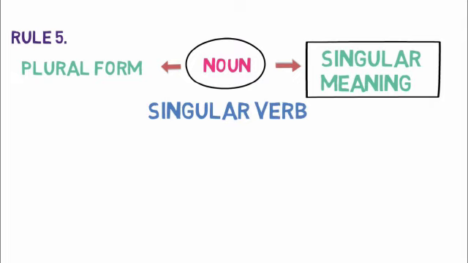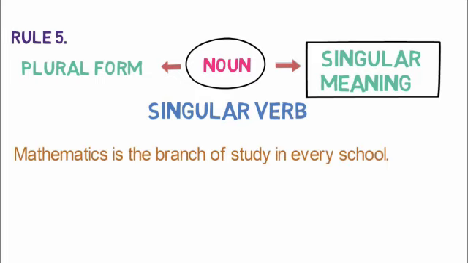It says that some nouns, plural in form but singular in meaning, take a singular verb. For example, mathematics is the branch of study in every school. Here the noun mathematics is in plural form but it is singular in meaning. So we have used is here.